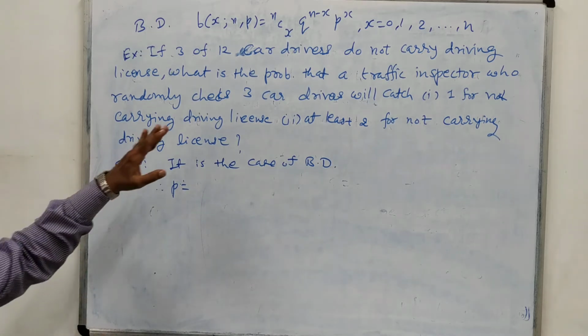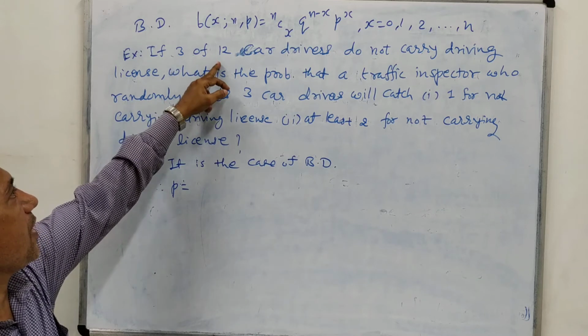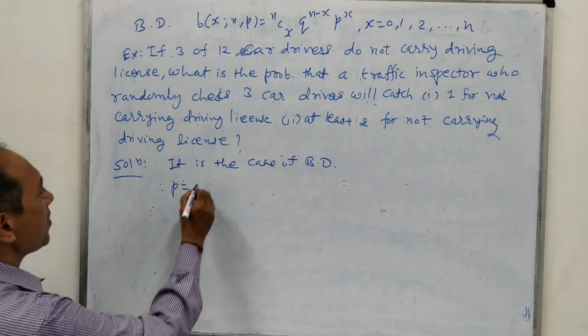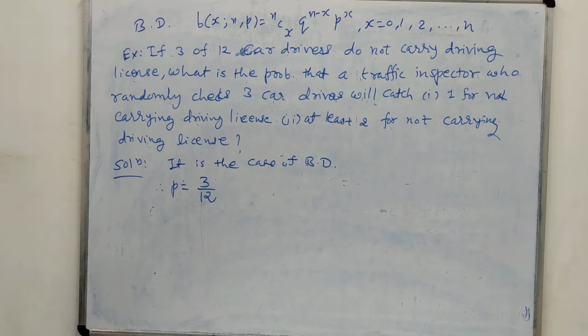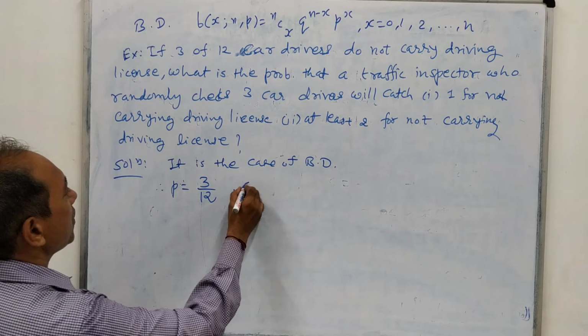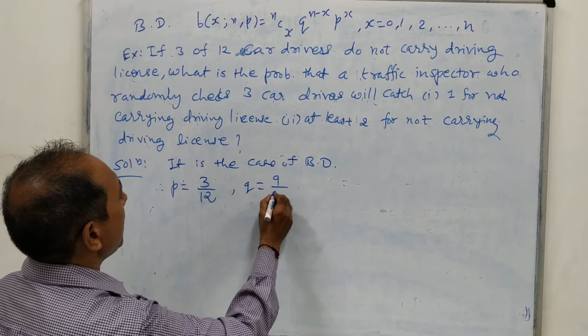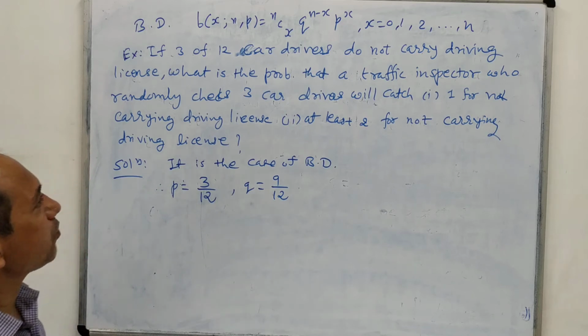Probability is not given, but we can find out the probability. That means among 12 car drivers, 3 are not carrying driving license. So the probability p will be 3 by 12, and therefore q will be 1 minus 3 by 12, that means 9 by 12. Okay, and then small n. What is small n?